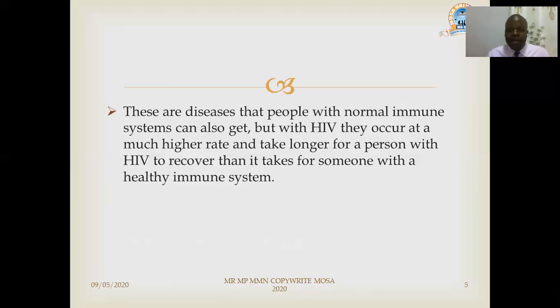These people who are not HIV positive may as well have these opportunistic infections, but when they have them, the rate at which they recover is quite faster compared to those who are HIV positive. Why? Their immune system is strong.